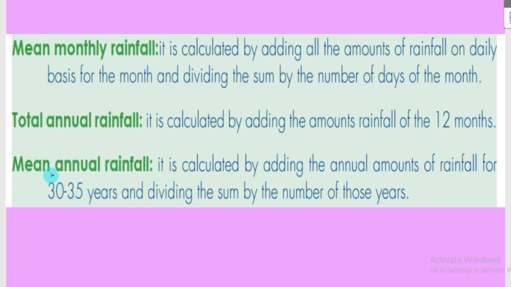And also we can calculate mean annual rainfall, and mean annual rainfall is calculated by adding the annual amounts of rainfall for 30 to 35 years and dividing the sum by the number of those years.